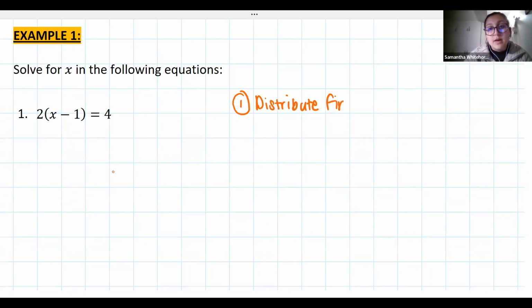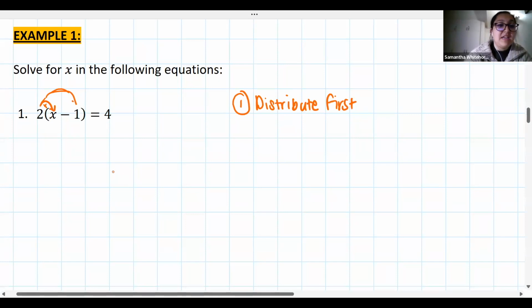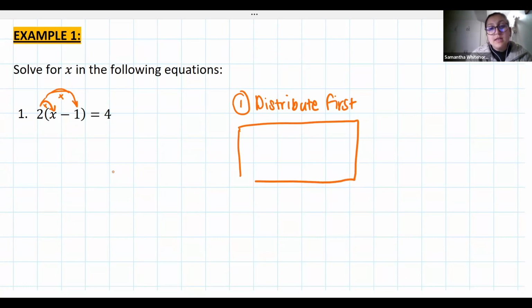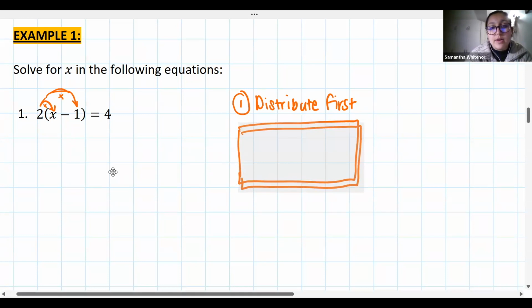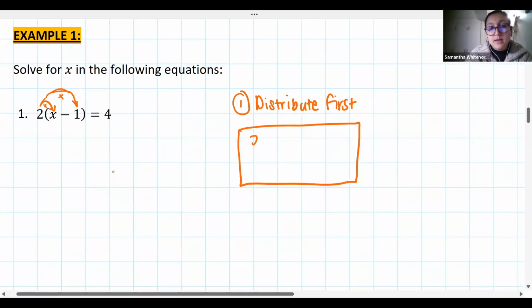So that means that I'm going to take this coefficient of 2 and I'm going to multiply it with the x and the negative 1. Now, most of you can probably do that in your head, but just in case, we've got 2 times x and 2 times that negative 1.